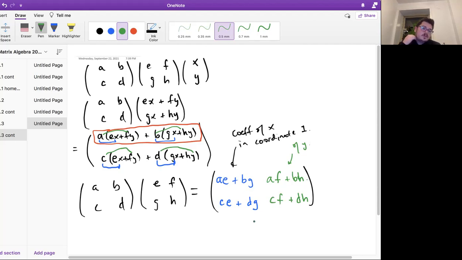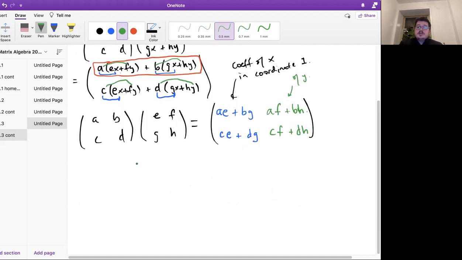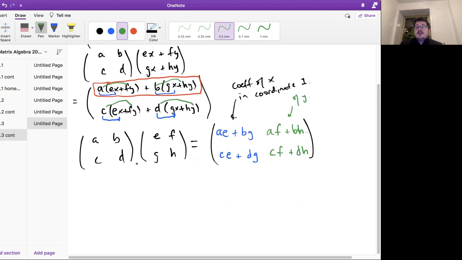Okay, does everyone see how we construct the matrix there? Remember how we defined the function before: in the matrix, each entry represents the coefficients of some variable in that coordinate. This was the result of doing it the long way, as a function, and we fill in the blanks by looking at the coefficients of the respective variable. So now, wonderful, we don't have to do that ever again, and we have a nice formula for the product of 2 matrices, which represents composition of 2 functions.